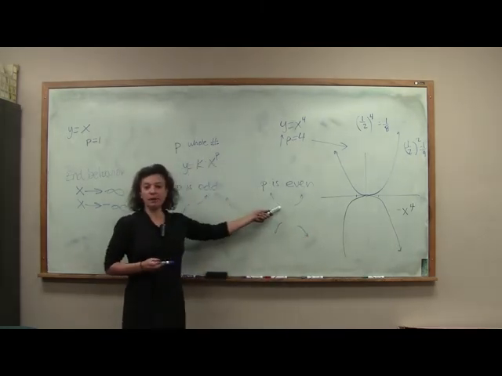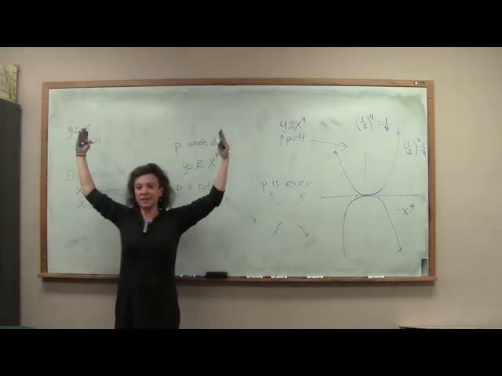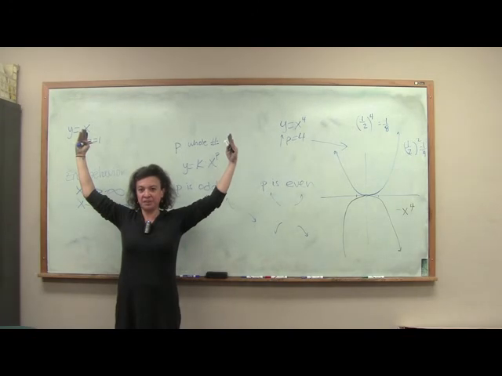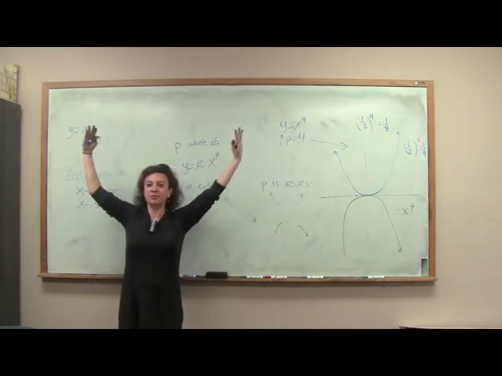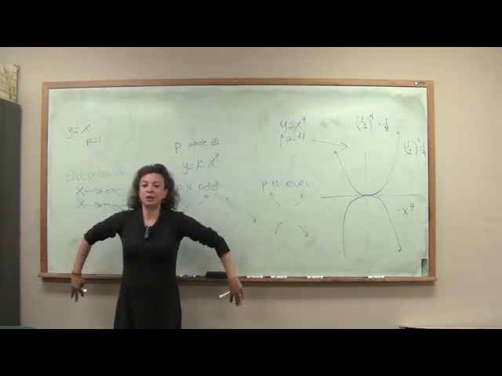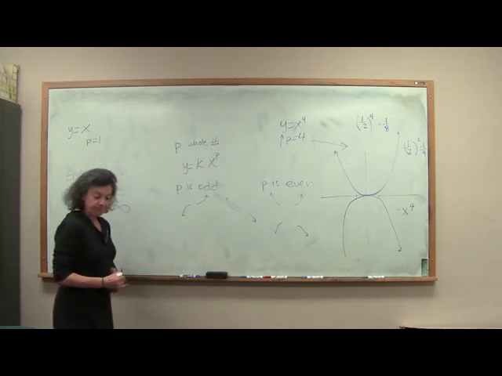Both arms will be up if it's got a positive number in front, just like think about y equals x squared. When the number in front of your squared term is positive, your graph opens up. When the number in front of your squared term was negative, we saw that our graph opened down, so both arms would go down.